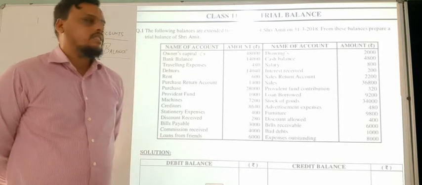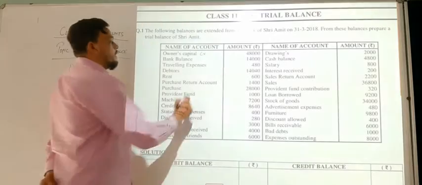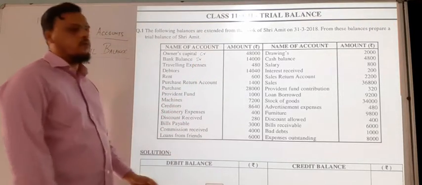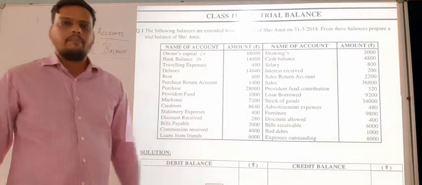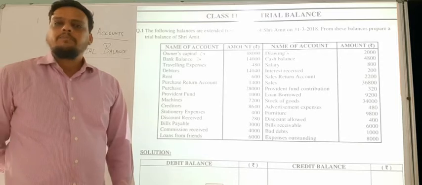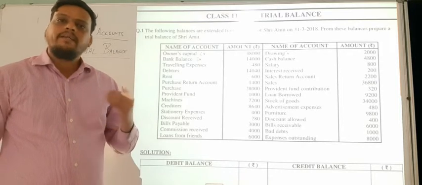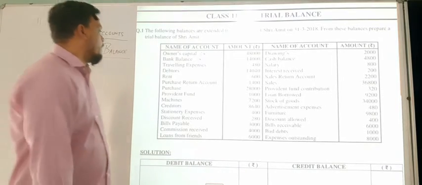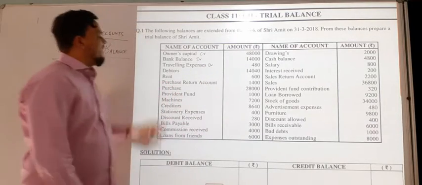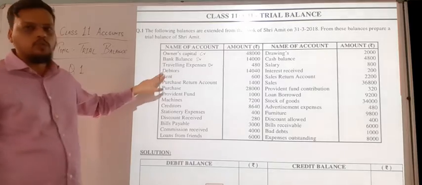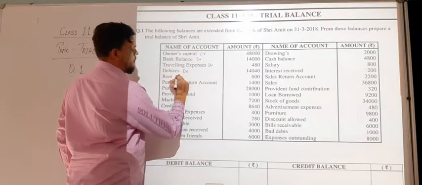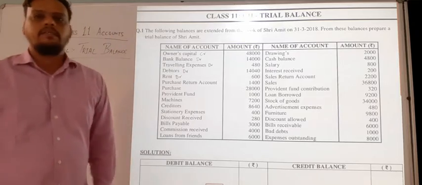Bank balance is not a credit but a debit, because bank balance always comes under the title debit. Next title is travel expenses. Expenses are also a debit. Debtors, rent, these two types also come under the title of debit. So I am writing debit and debit.